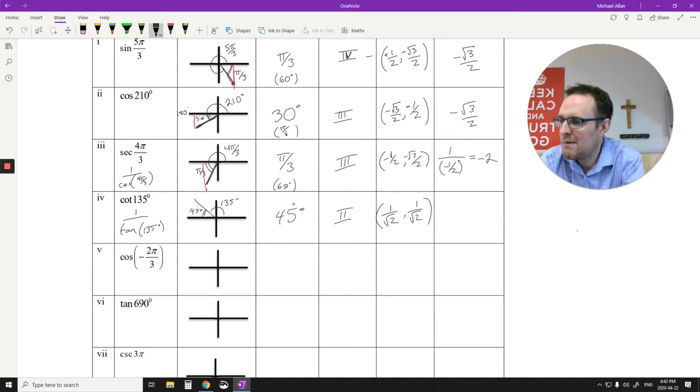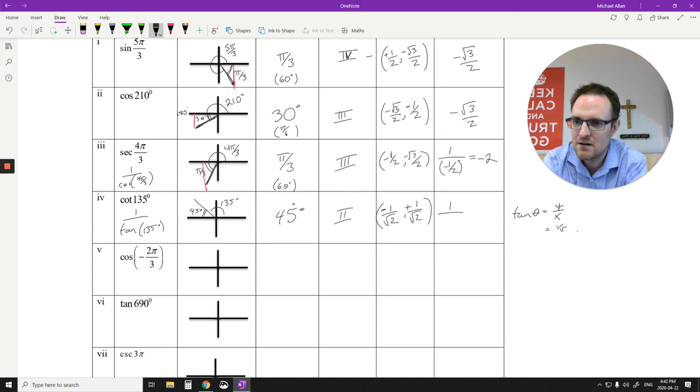And the x is negative, but the y is positive. Okay, now we're going to go 1 over tan. Now tan, okay, I should probably put that over here. So tan is going to be y over x, but both the numbers are essentially the same, but one's negative, one's positive. X is negative.